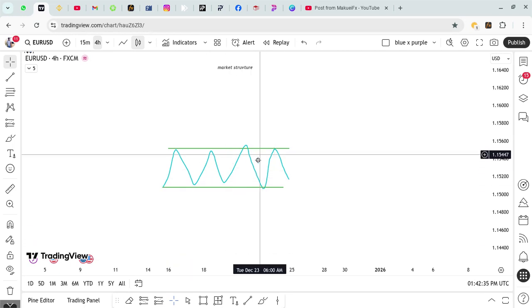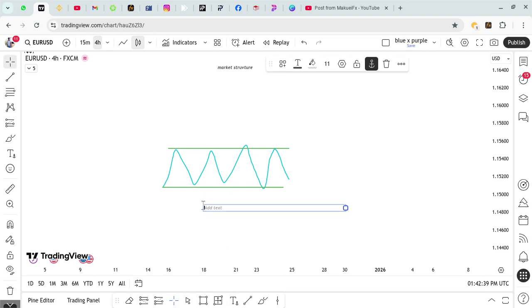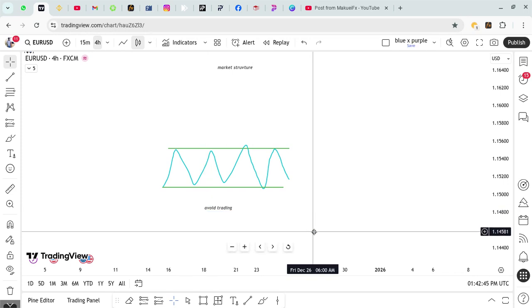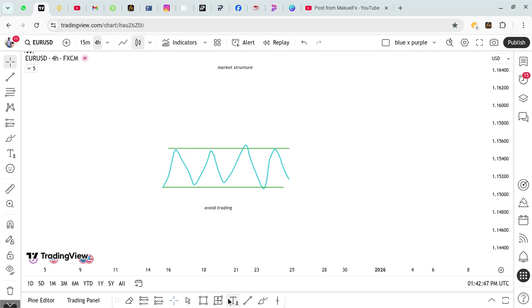So you'll find a market that is relatively not making a new high or a new low. In such a market, we must learn to avoid trading until something that we call a breakout, a new lower low or new lower high or higher high, is made.